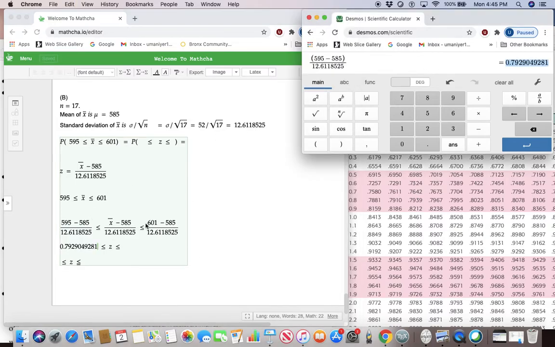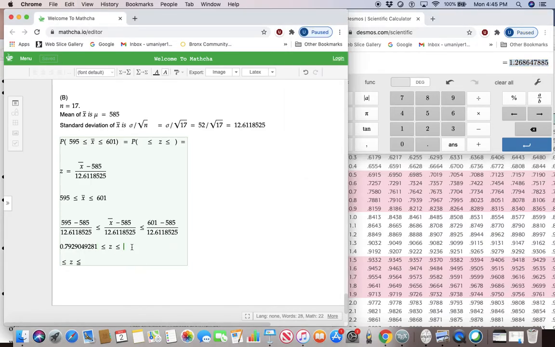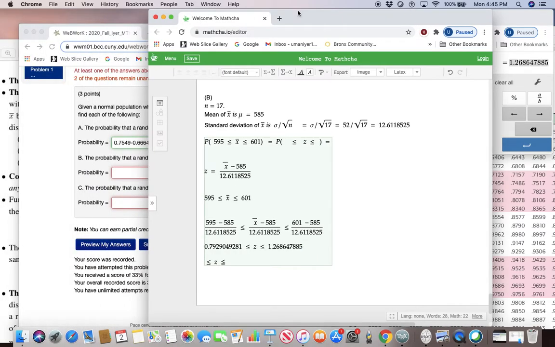And for the right hand, I need 601 here. That's all the difference. I try to avoid approximating until this point. Now I can approximate. 7, 9, the following number is 2, so 0.79 is fine. 2, 6, the following number is 8, so I will say 1.27.